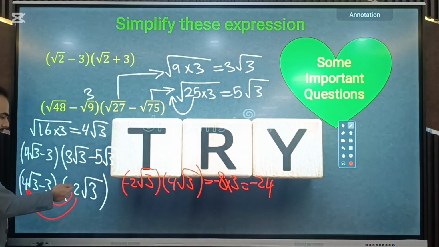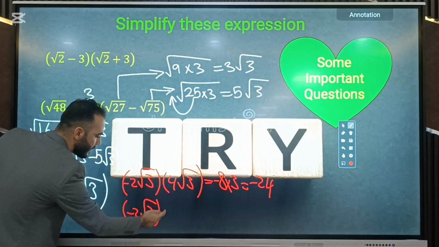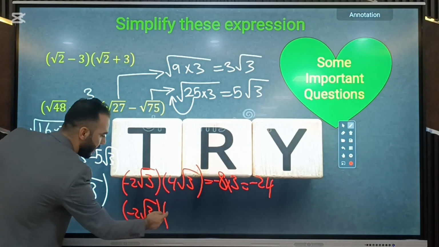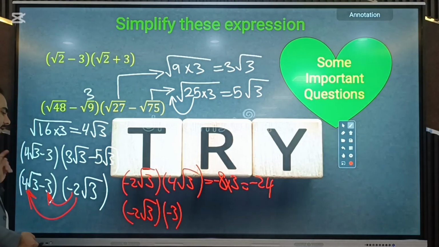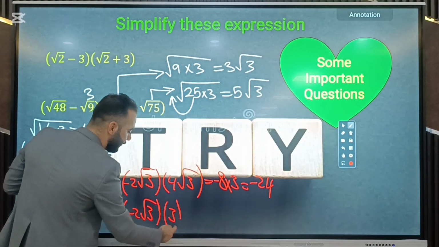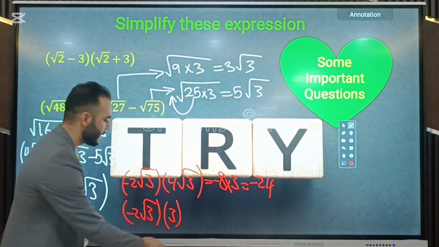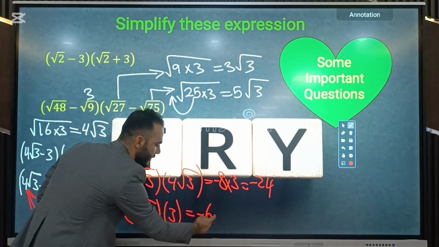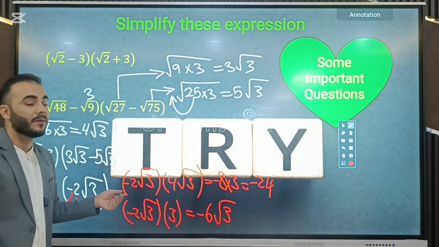Minus negative 2 square root of 3 times just negative 3. Well, let's say 3, because that negative is about the subtraction. So negative 2 times 3 is negative 6. Well, it's equal to negative 6 square root of 3, because there is no square root of 3 to multiply it by.